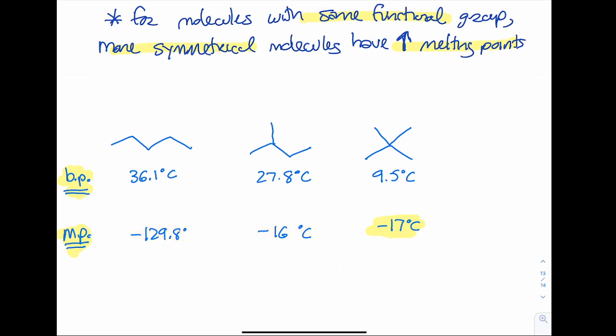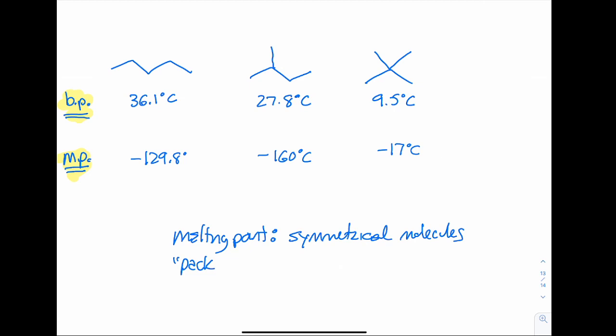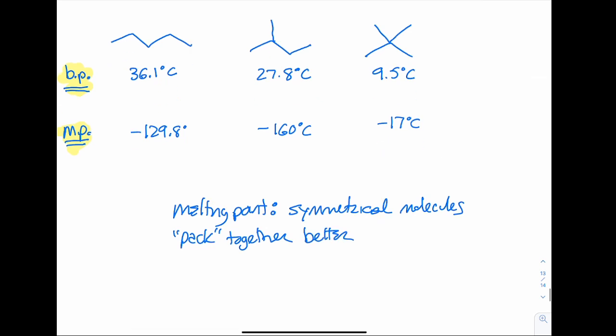The reason for that has to do with how they pack together. So for our melting point, symmetrical molecules pack together better, meaning they can get closer to each other.